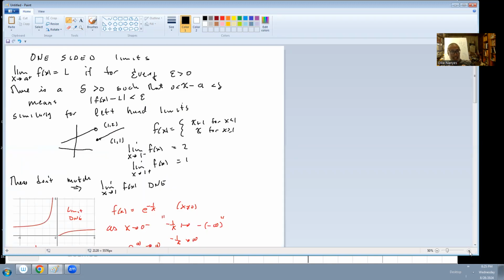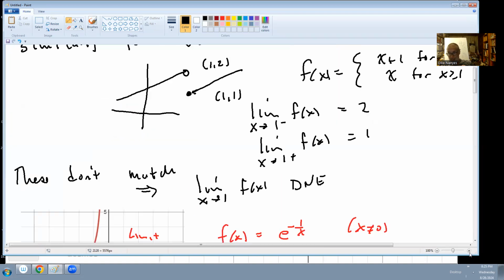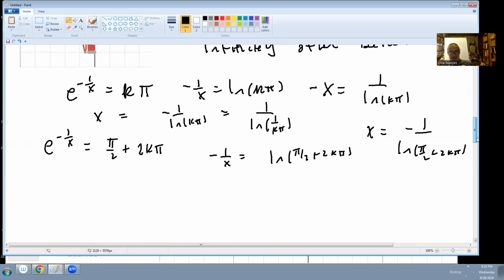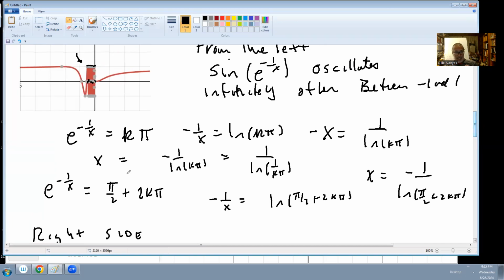But on the right-hand side, this is where it gets fun. On the right side, again, as x approaches 0 from the right, that means x is positive, minus 1 over x approaches negative infinity, and e to the minus infinity goes to 0, and we see that right here.